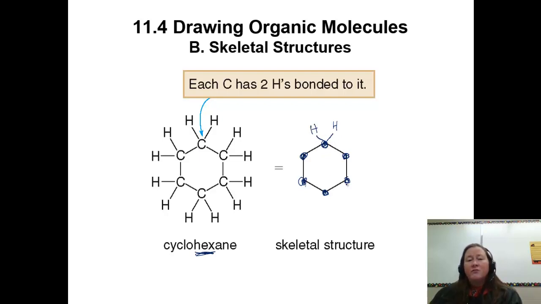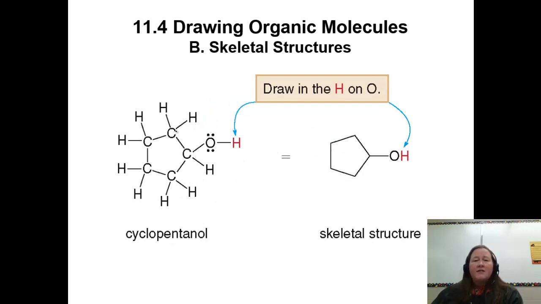They are just assumed. So being able to take a structure like this and remember what is existing at each of these bends, those are carbon atoms, and knowing that each carbon atom is bonded to 4 things, we assume that there are 2 hydrogens there.